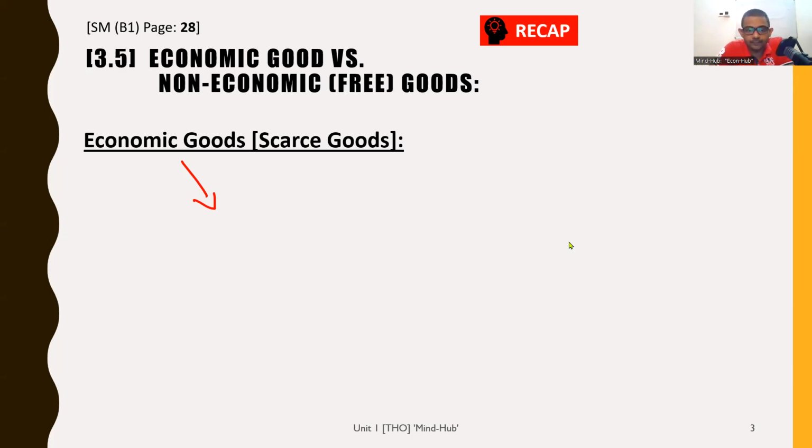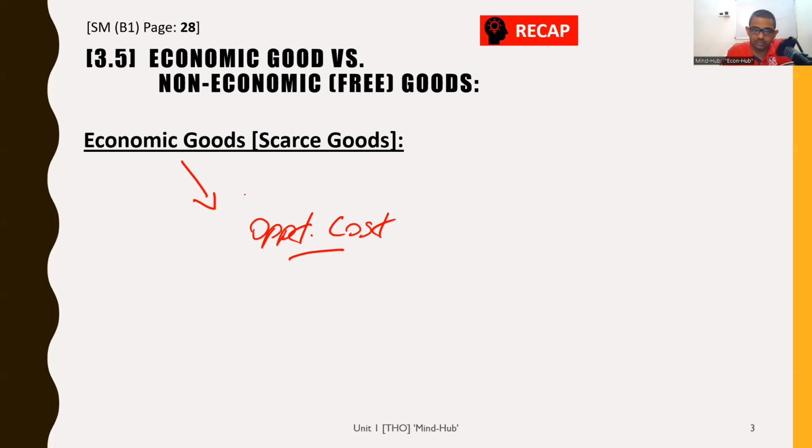So when you think of an economic good, one of the very first things that should come to your mind is that economic goods are goods that essentially create or have an opportunity cost. You can't think about economic goods without thinking about opportunity cost. Why?